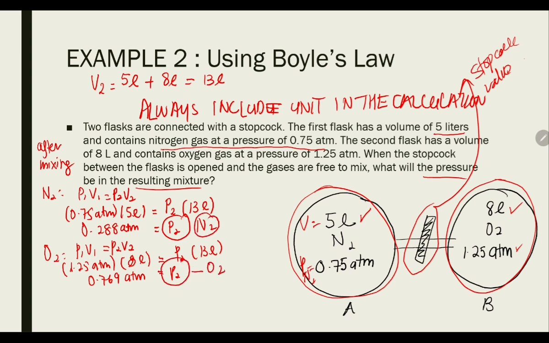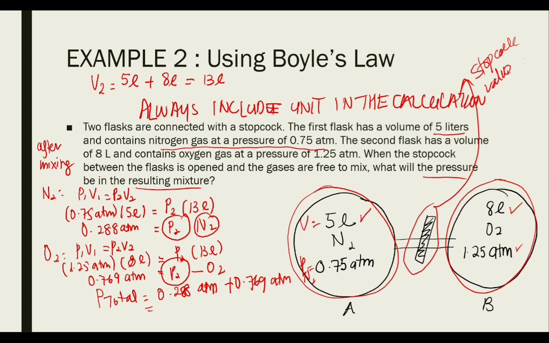Okay, so now let's calculate the final pressure. 0.288 atm plus 0.769 atm. And second, besides making sure you always include the unit in the calculation, you also need to remember to avoid rounding off as much as you can.